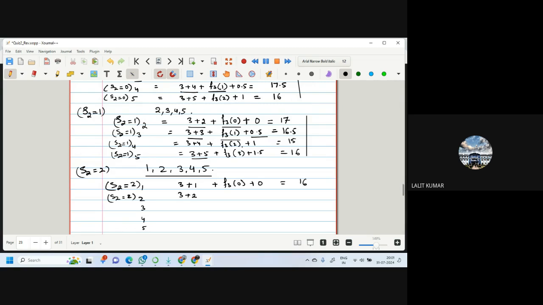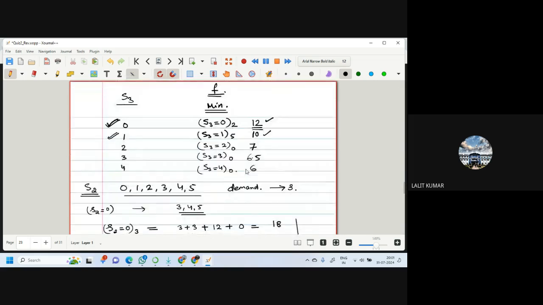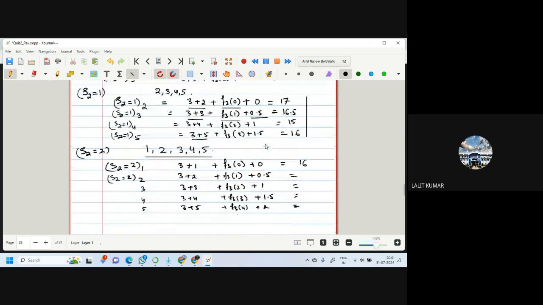3 plus 2 plus F3 1 plus 0.5. So I will fill these things again, then I will take from there F3 2 plus 1, and so on up to order 5 plus F3 4 plus 2. Now I will take these values. F3 1 is 10. So this becomes 3 plus 2, 5 plus 10, 15, 15.5.